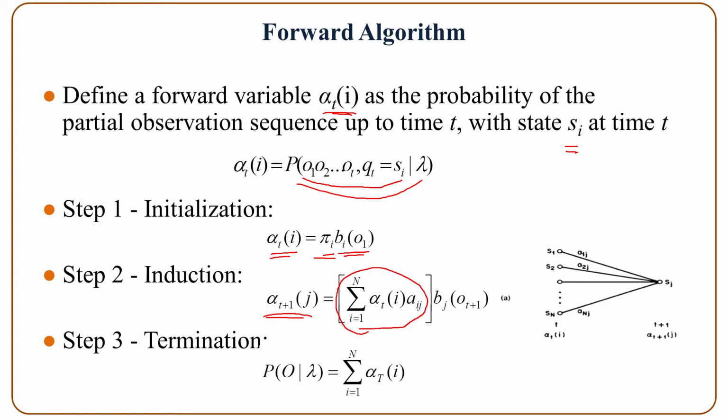It is a sum of alpha t of i, which is in the previous time, times the transition probability of transiting from state i to state j, and we sum for all i from 1 to N. And this is illustrated here.